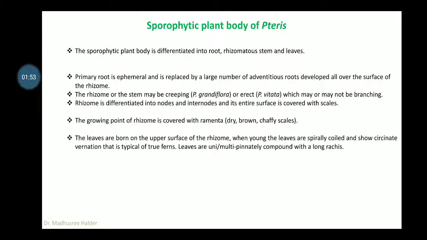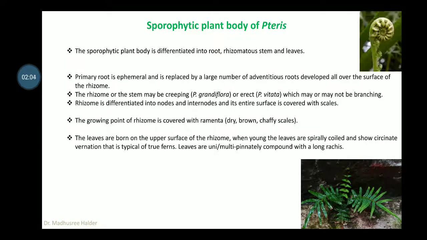Leaves are called pinnae or pinnule. They are pinnately compound with a long rachis or midrib. That is the sporophytic plant body of Pteris, and in the upper side that is the circinate vernation.